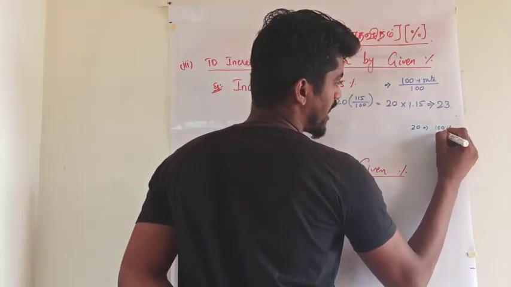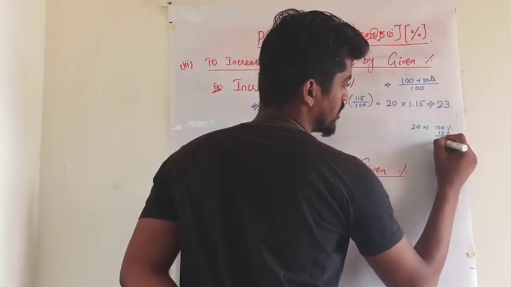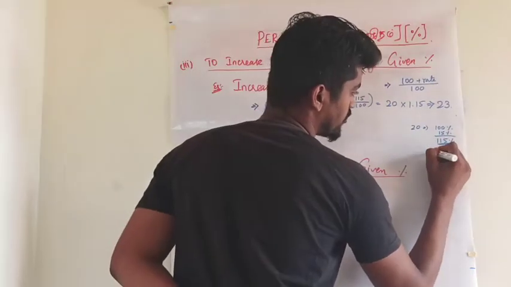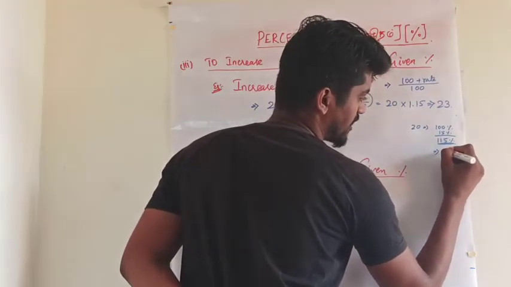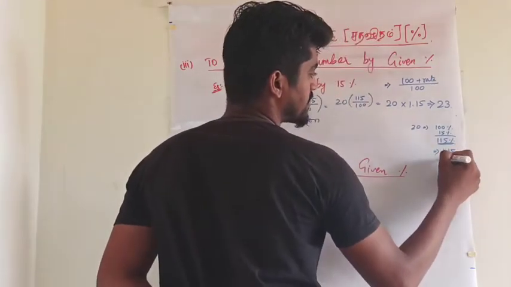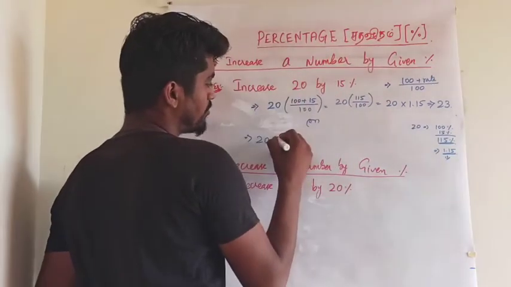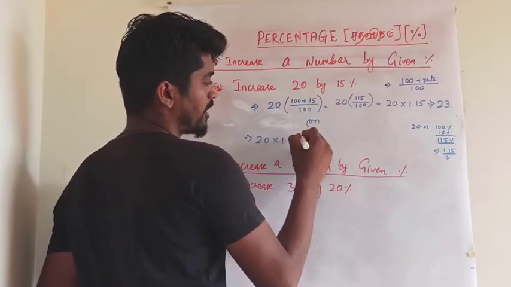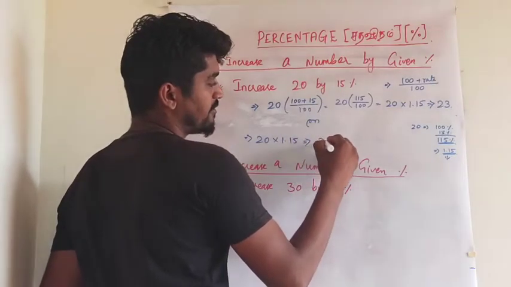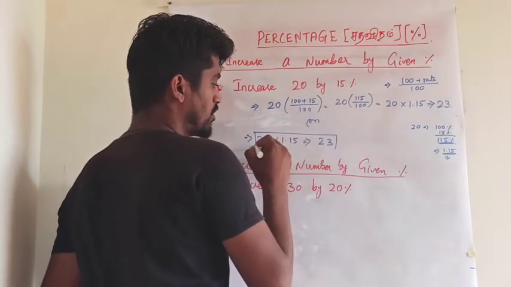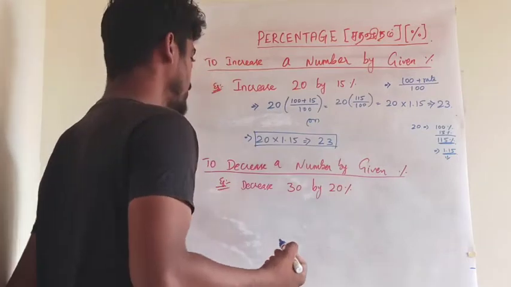Extra we have to add 15%, which is 115%. So 115 percentage, in fraction value, is 1.15, which gets the answer. So we have to multiply 20 by 1.15. Also we get the value of 23, which is the simplest step to find the value.